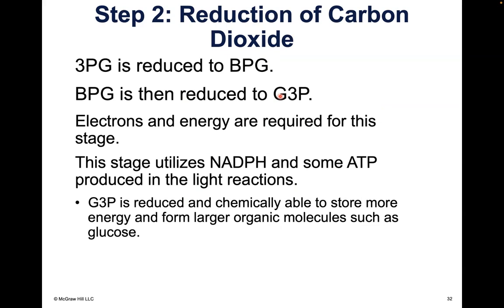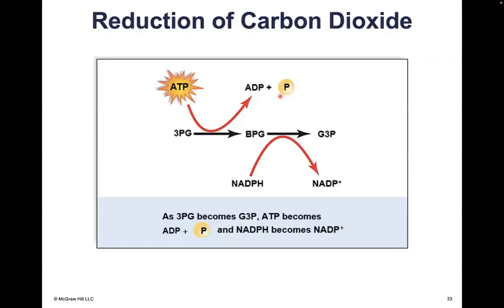When these processes are happening, electrons and energy are required for this stage. This stage will utilize the NADPH, and some ATP is produced in the light phase reaction. So G3P is reduced and chemically able to store more energy and form a larger organic molecule such as glucose.